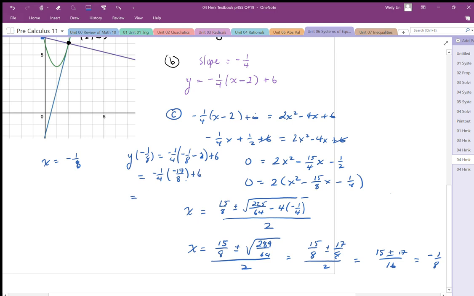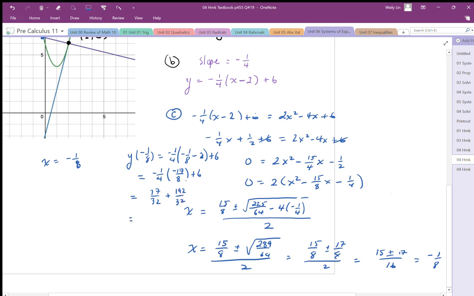This is a messy looking number, but it works out to be positive 17 over 32 plus 192 over 32.